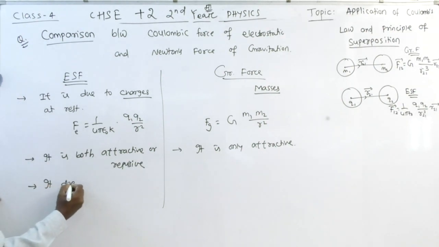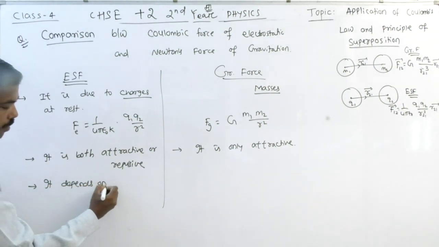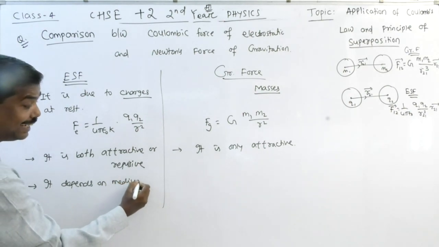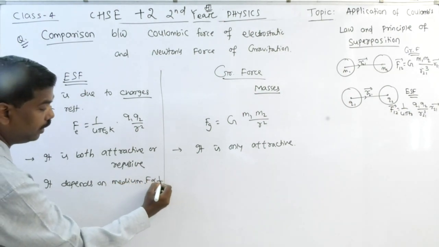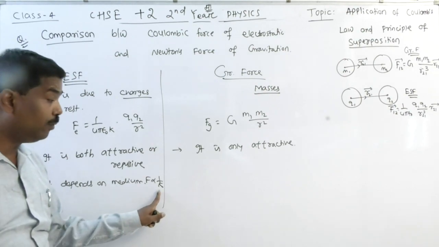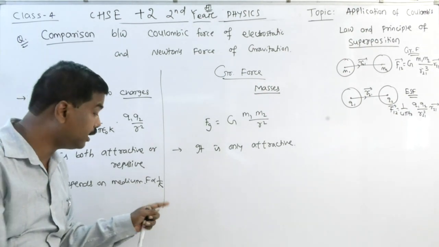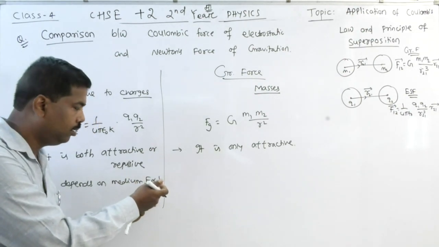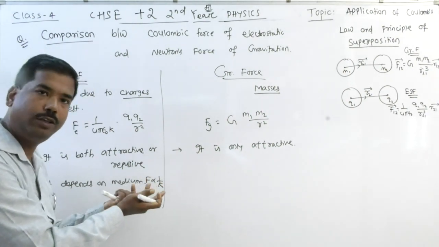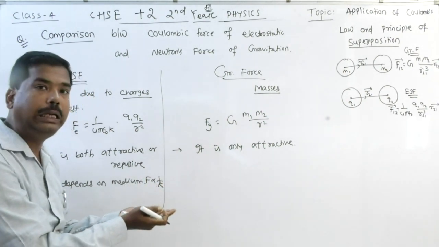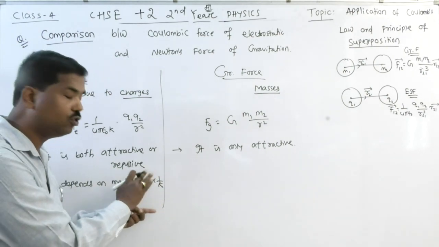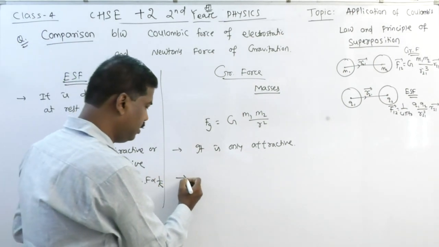The electrostatic force depends on the medium. Medium means dielectric constant, F proportional to 1 by K. We have already discussed that whenever there is a change in dielectric constant, the force also changes. Whenever the dielectric constant of a medium gradually increases, the force gradually decreases.